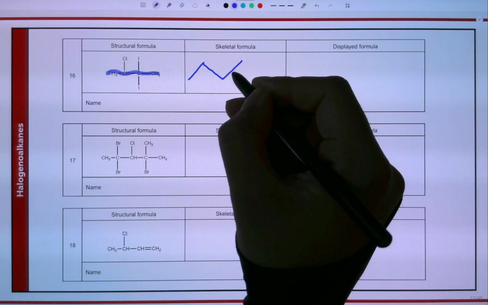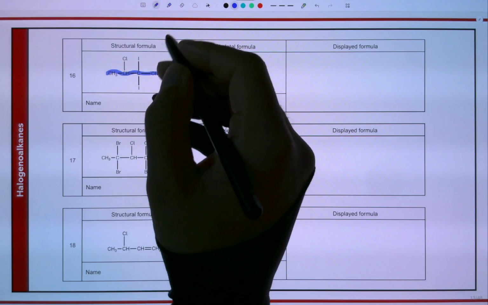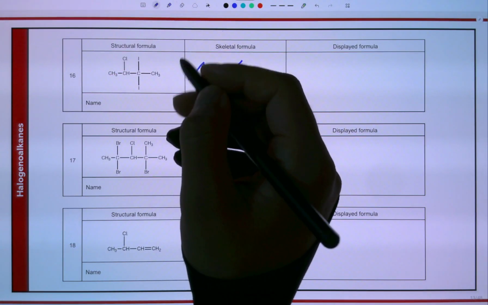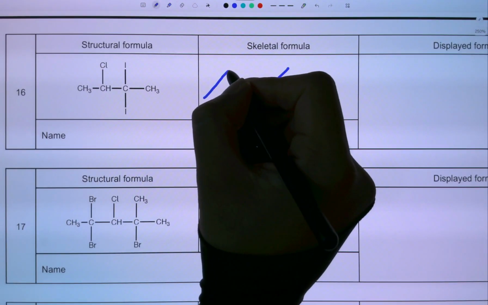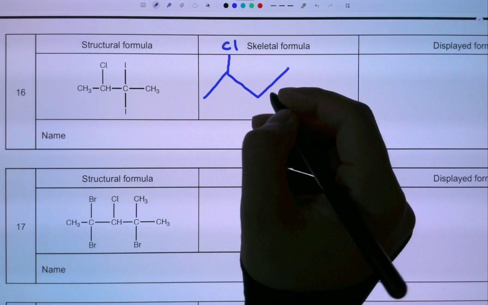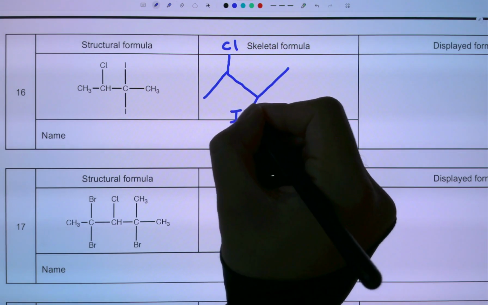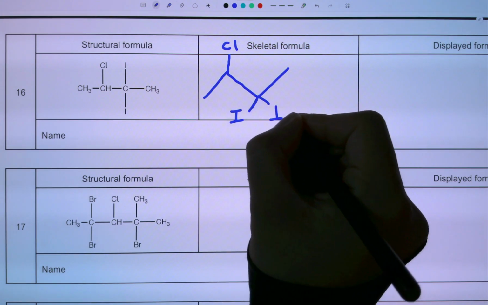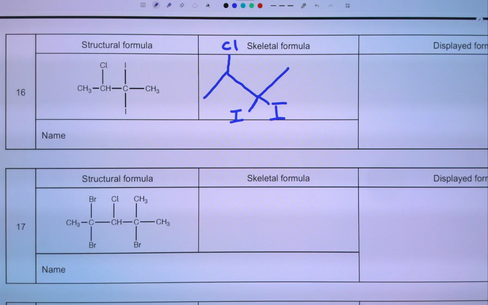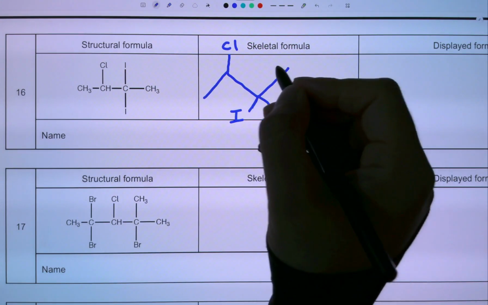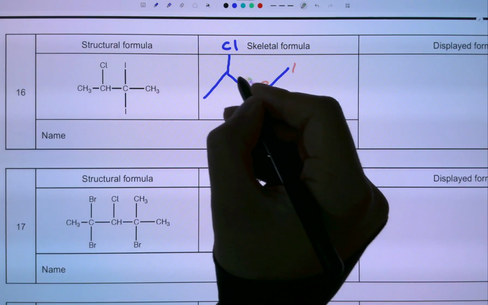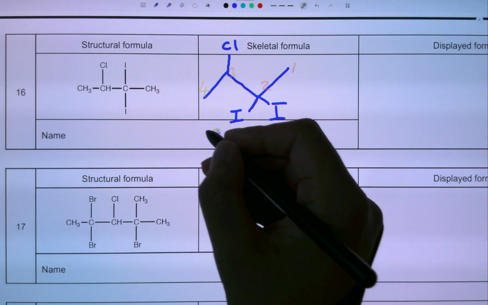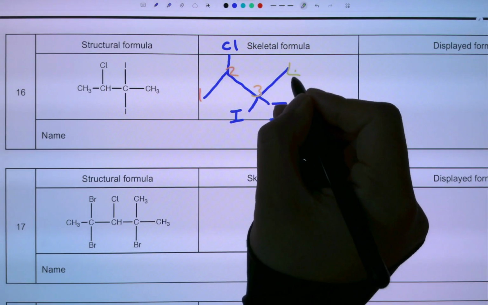In terms of numbering, I'm just going to draw the skeletal formula first. There's the 2 iodo groups. And in terms of numbering, do we go 1, 2, 3, 4, or do we go 1, 2, 3, 4?